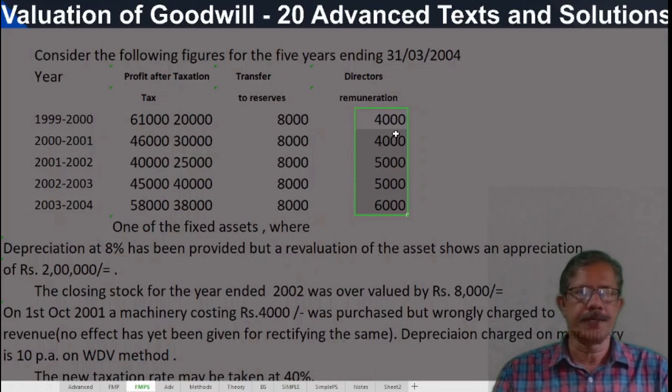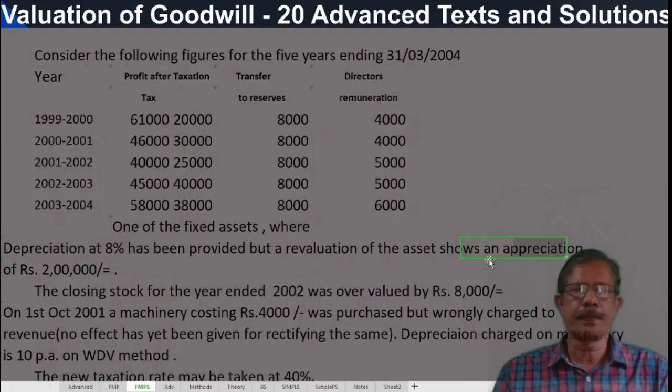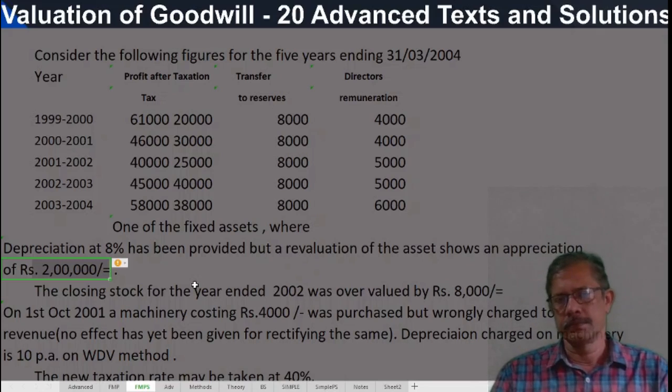Okay, let's see. One of the fixed assets where depreciation at 8% has been provided, but a revaluation of the assets shows an appreciation of rupees 2 lakhs. And these types of information may come. In calculating capital employed, all the assets will be revalued, both fixed assets and current assets.